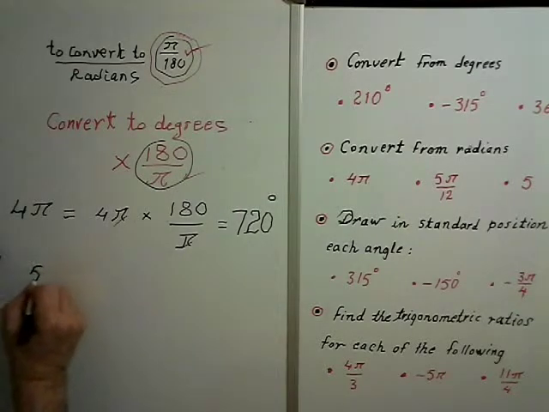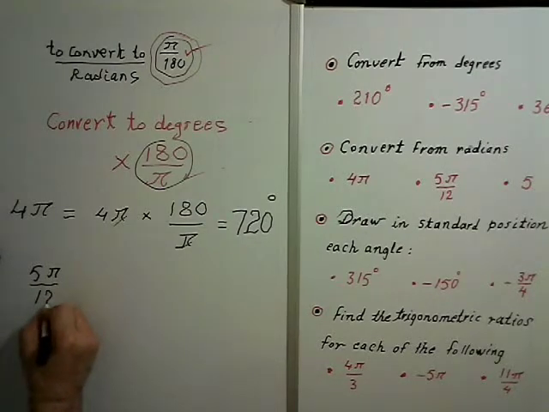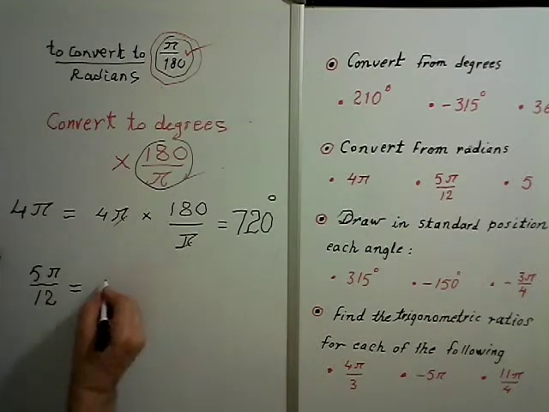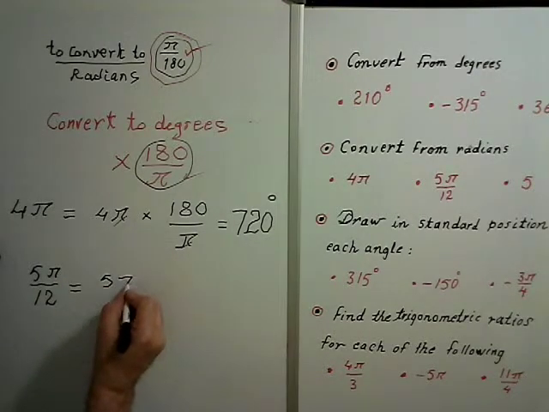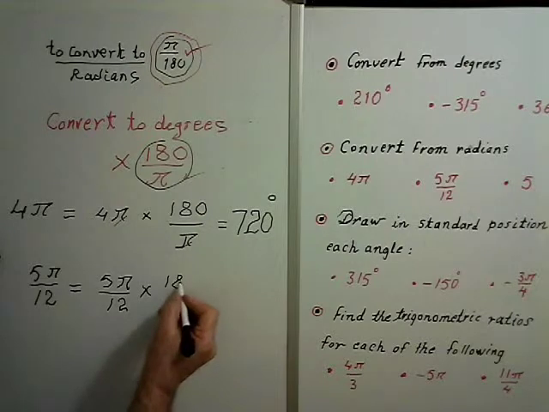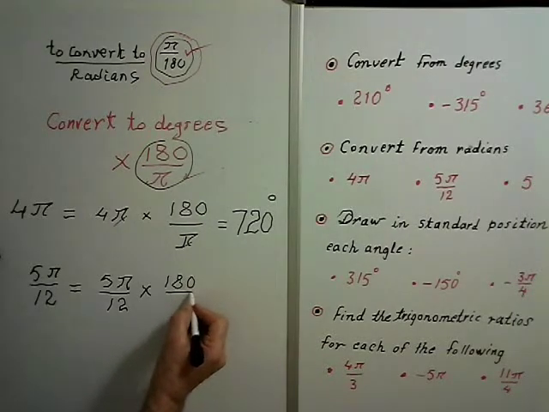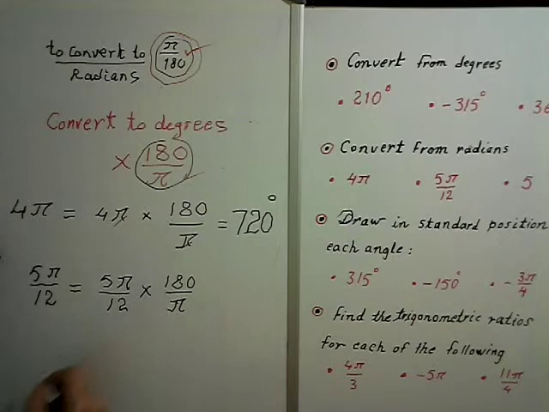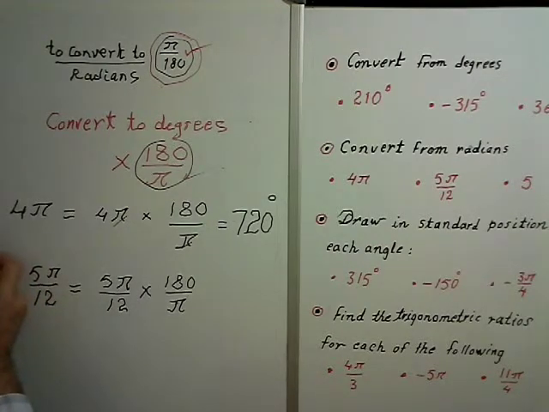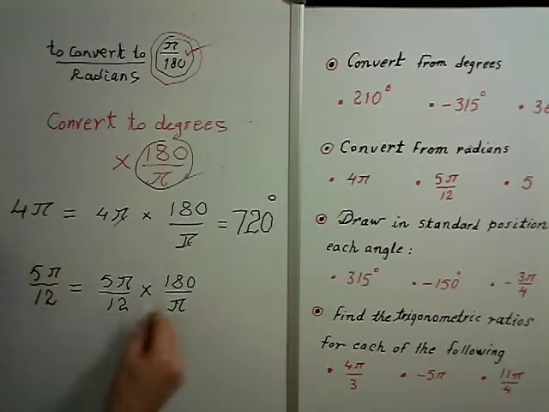5 pi divided by 12. Convert it into degrees. That means just multiply it by 180 over pi. And we make cancellation here: cancel pi with pi.